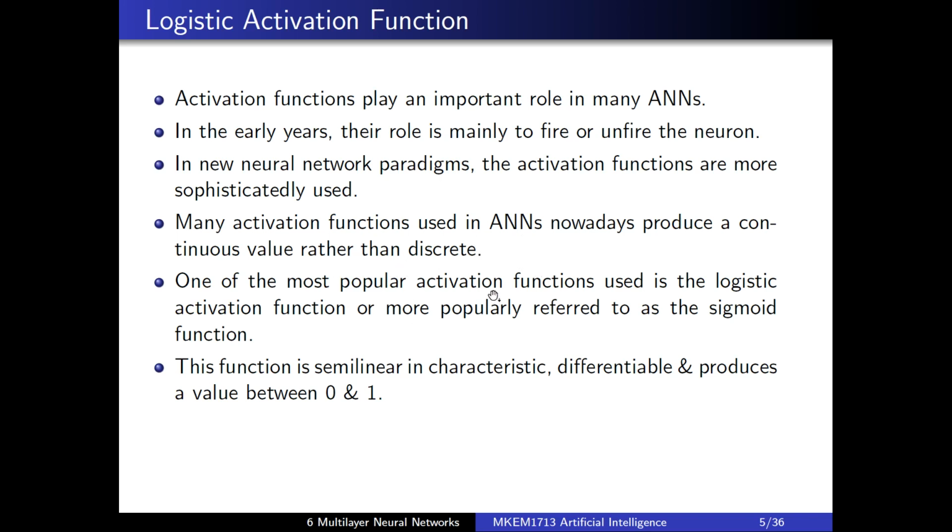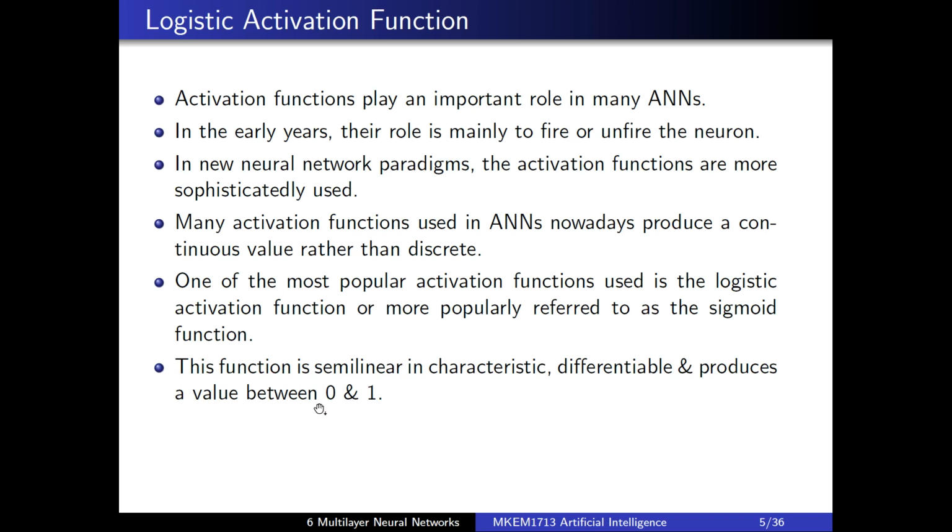One of the most popular is the logistic activation function, or more popularly the sigmoid function. This function is semi-linear in characteristic, or we would say non-linear. It is differentiable because it is smooth and continuous, and produces a value between 0 and 1.